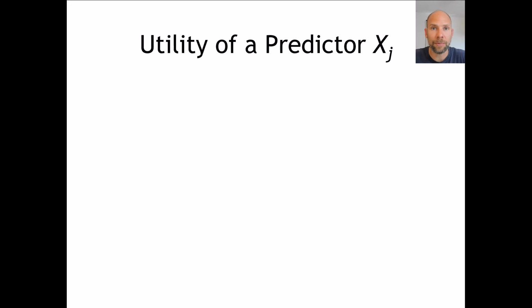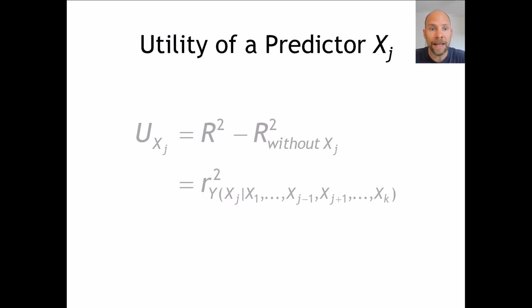So xj is a predictor variable, and the utility of xj can be defined as the difference between the r squared including both predictors, x1 and x2, and the r squared without that predictor. When we have a reduced model where we remove xj from the equation, the r squared will be smaller, and we can look at the difference.